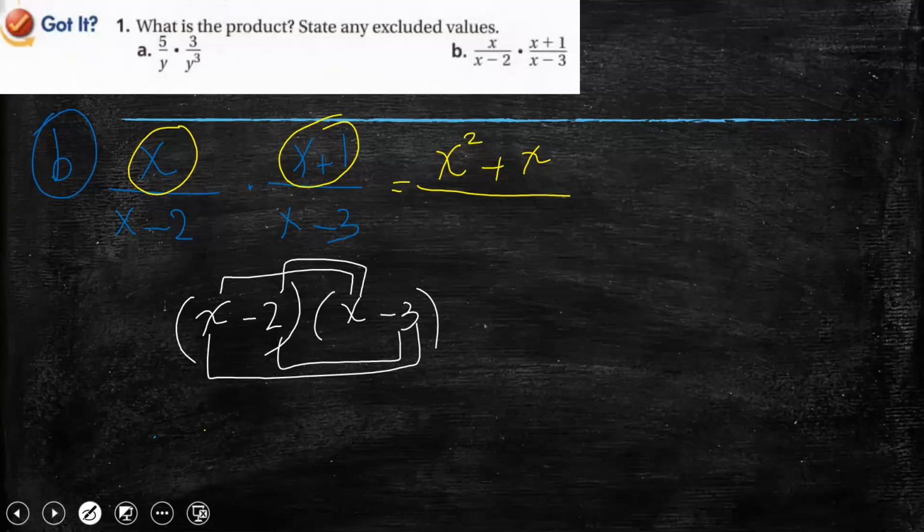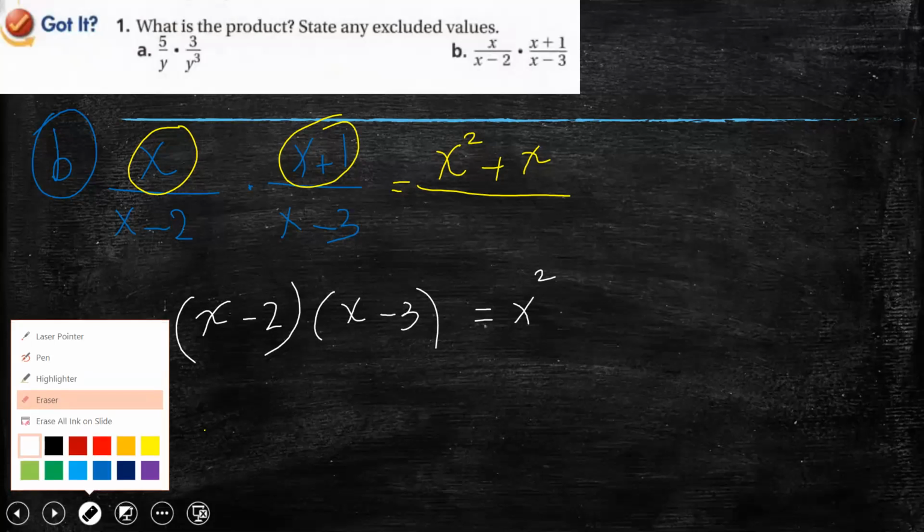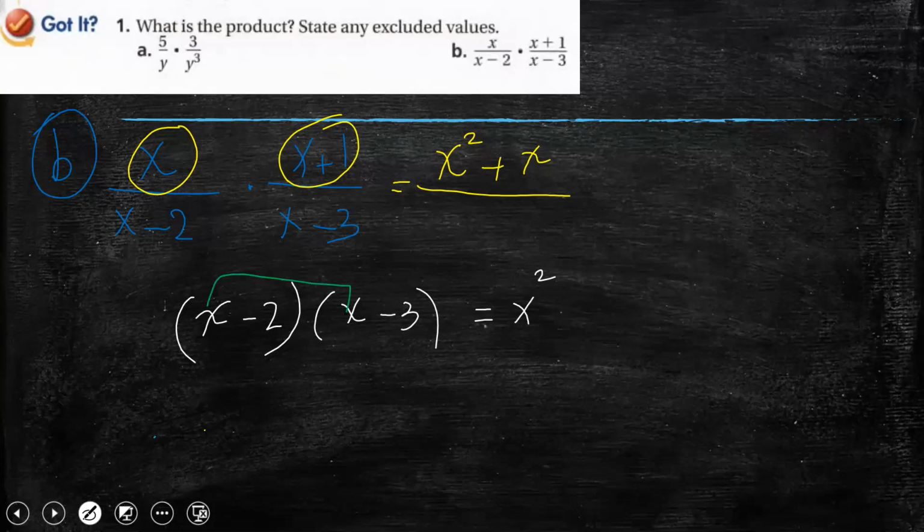So let's first erase them here. The first step, we multiply x with x, which is x squared. Then x with negative 3, which is negative 3x.